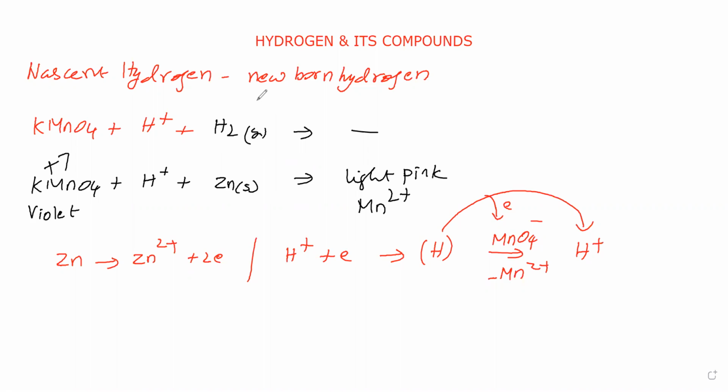So next, we will take another example for this nascent hydrogen. Now we will take chlorate, ClO3-. This we will take in acidic medium. To this let us add zinc. What will happen? What is the product? That we will see.